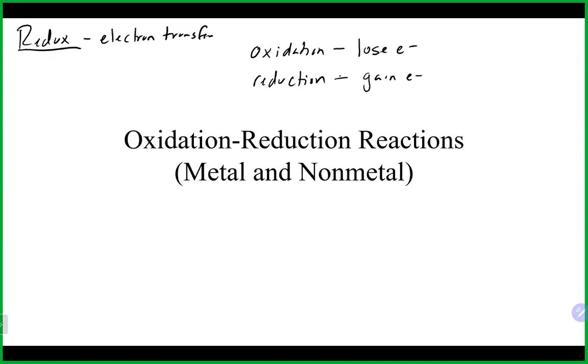So what does that mean? It means, for example, if we have a reaction, we could determine what is going on in terms of electrons, who's losing electrons, who's gaining electrons. One of the easiest ways to figure that out is when you look at an element on the left-hand side of the arrow versus that same element on the right-hand side of the arrow, you could look at what is known as oxidation number or oxidation state, which is similar to its charge on both sides of the arrow.